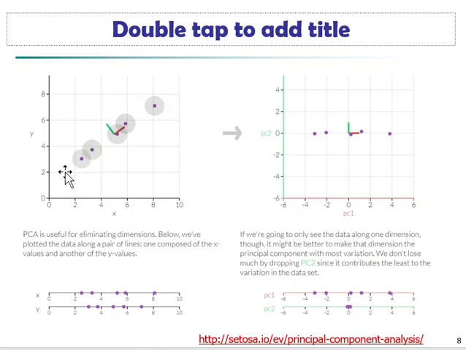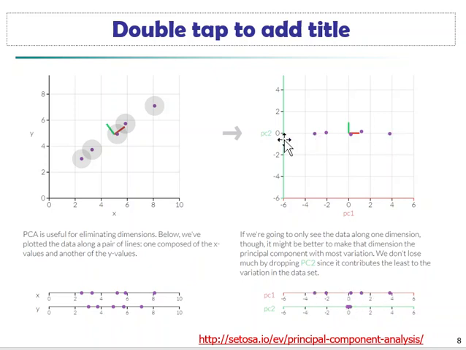Similar ideas are presented here again. When you have a data point like this, when you directly project it onto the x and y axis, you see they both carry some variance. But if you rotate your space so that you have the new component 1 and 2, you will see that when we project the data onto component 1, it captures almost all the variance in the data.